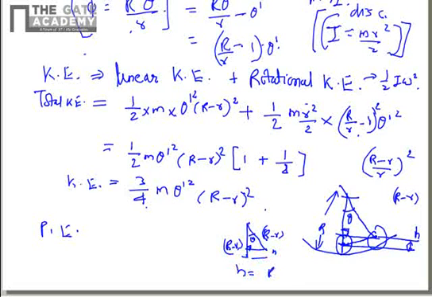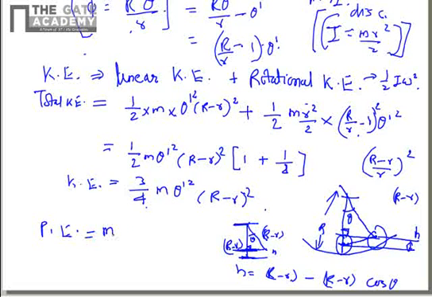So the height h will be equal to (R minus r) minus (R minus r) cos theta. So this distance from here to here will be (R minus r) cos theta, and the complete distance is R minus r. So hence h will be equal to this value.